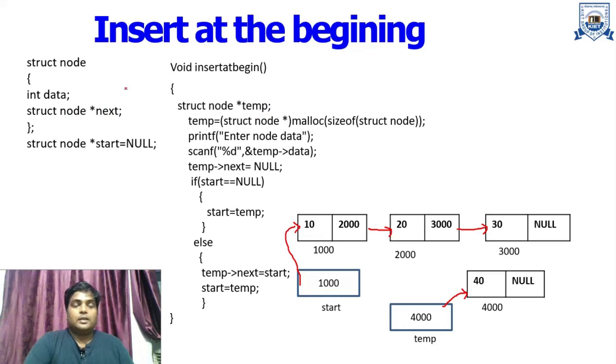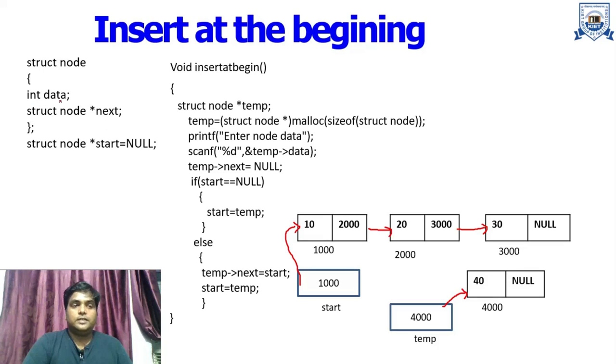As I earlier told you, an element of a single linked list is represented by a node, and in each node we have two fields. The first one is the data field and the next one is the link field, which points to the next node. This is the structure of a node of a linked list.